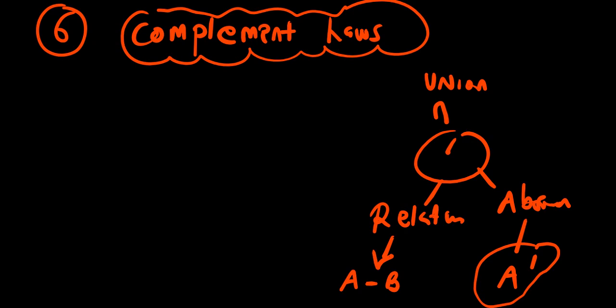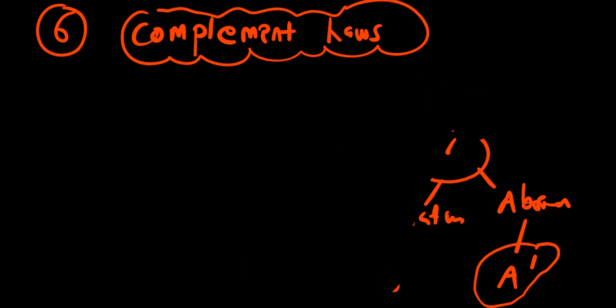And then A minus B is just the same as A intersection B complement. You want what is in A, but you don't want what is in B. So those are the complements that you need to know.